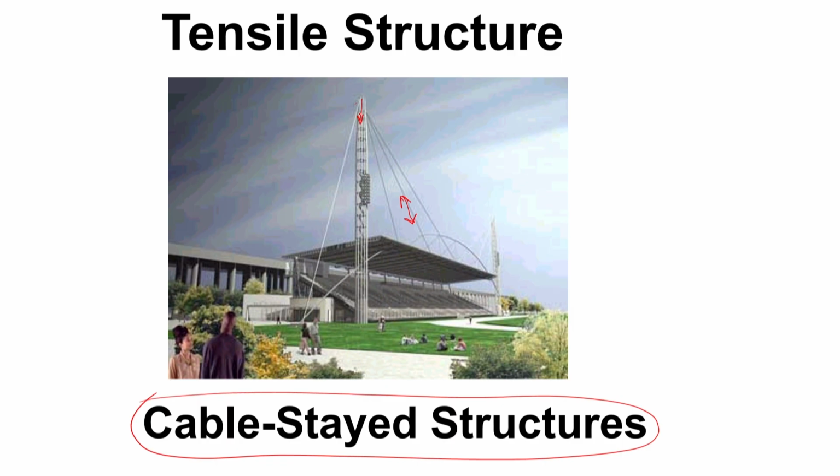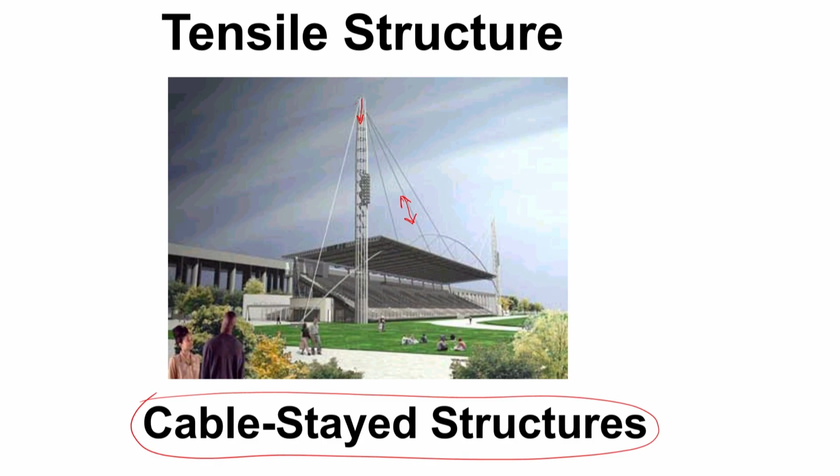That kind of structure becomes very material efficient, and it has been used for connecting bridges, suspension bridges, and also for enclosure designs like stadiums. So, this is a beautiful example of a tensile structure.